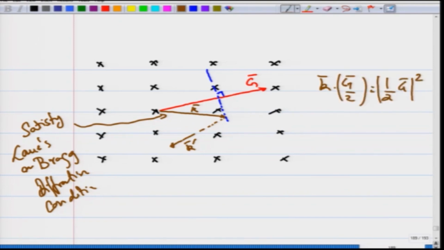And what is the minimum set of planes? In this direction I can draw this, and similarly I can get multiple sets of planes which I can draw in different directions in this reciprocal lattice.